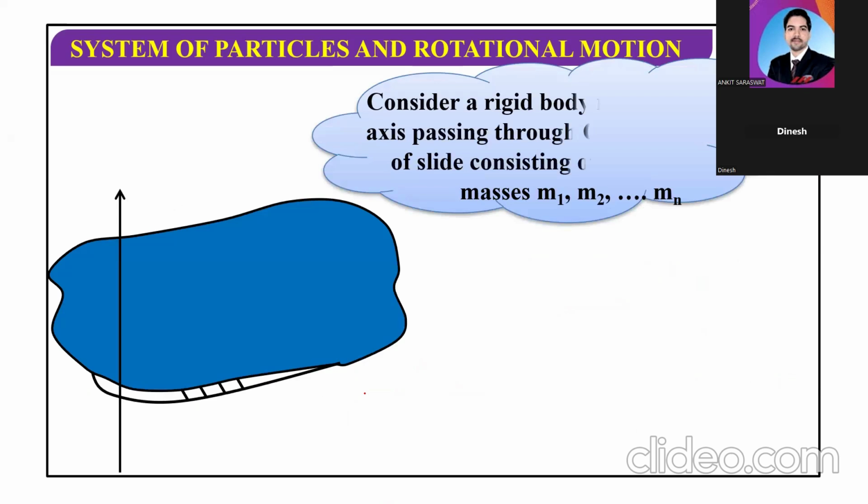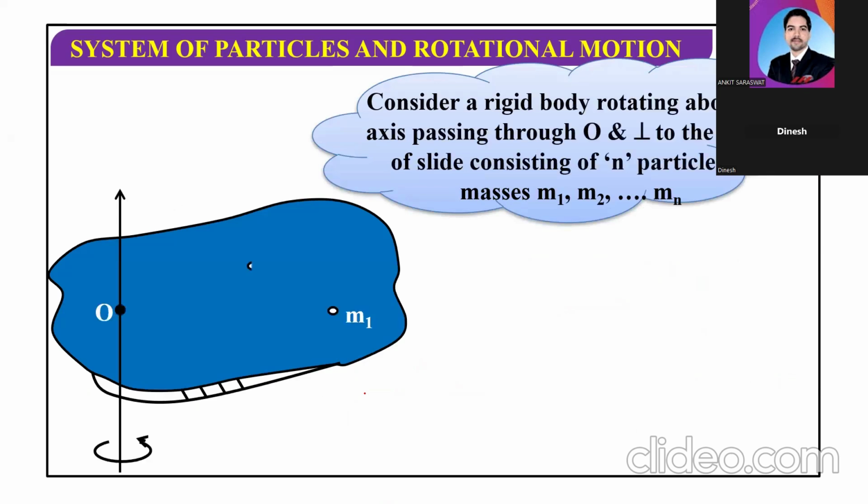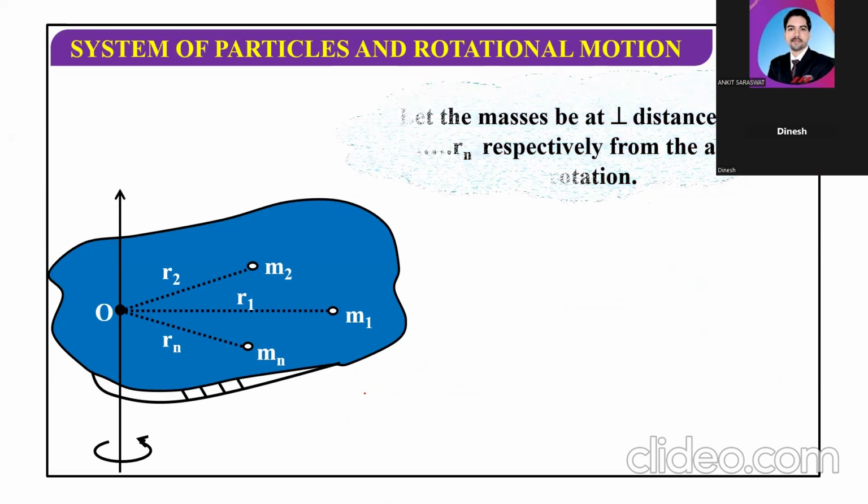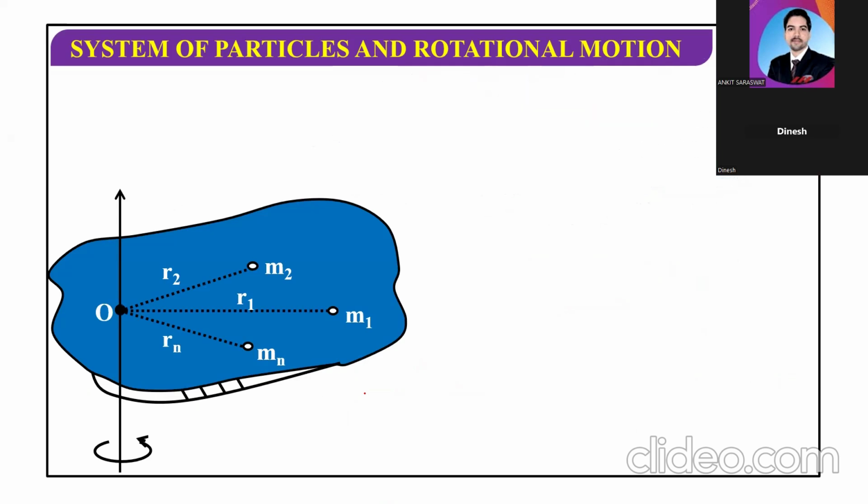Now consider a rigid body that is rotating about an axis passing through O and perpendicular to its plane. The rigid body consists of n particles having masses m1, m2, up to mn, and every particle has a different position, like r1, r2, r3.